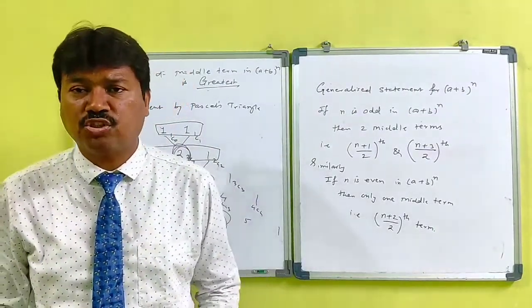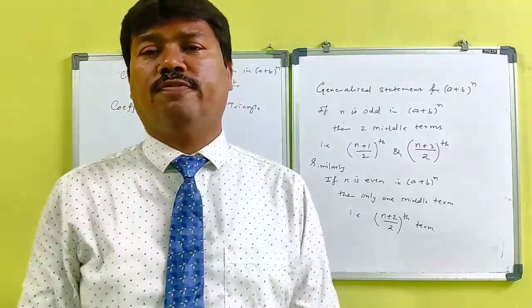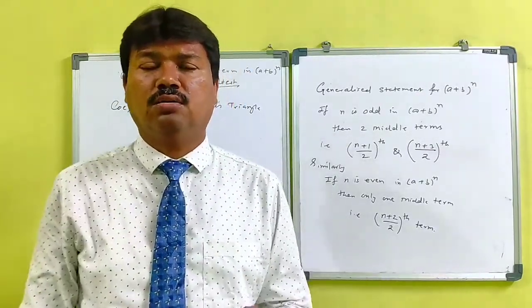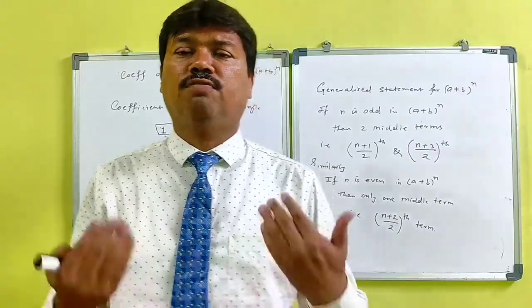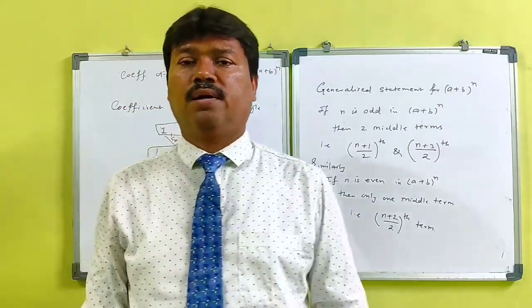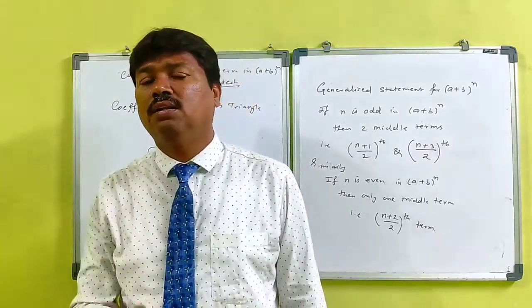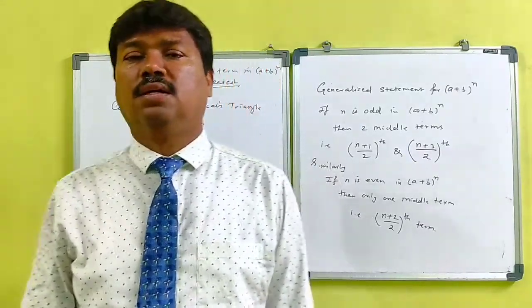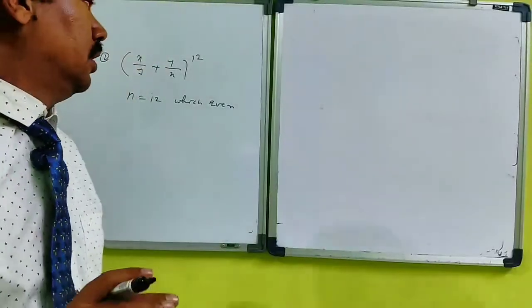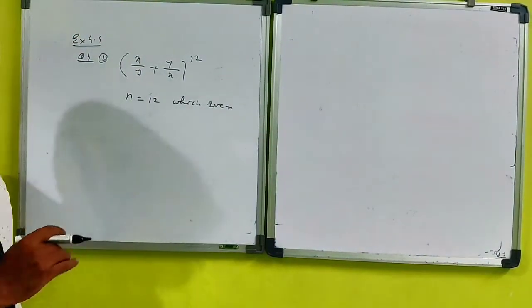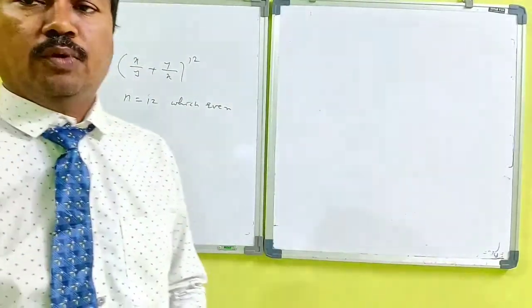Whenever there is a question to find the greatest coefficient, you just find the coefficient of the middle term. You count down to the middle term and find its coefficient. That's it.